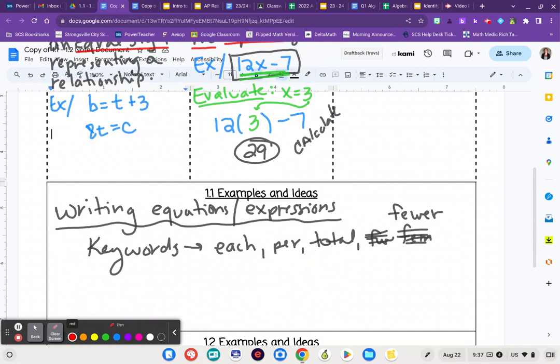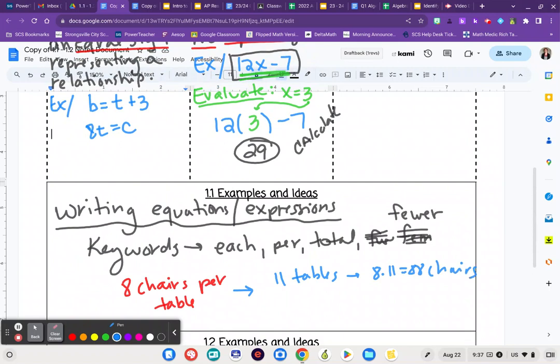So one of the examples again today is that we had 8 chairs per table. So if I have 8 chairs per table, that means that if I had 11 tables, I would have to do 8 times 11 to give me 88 chairs, right?